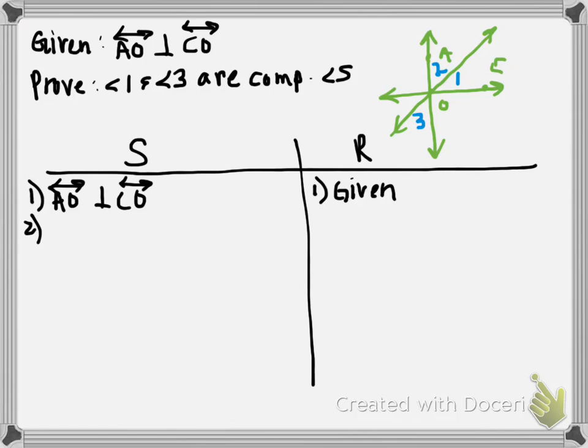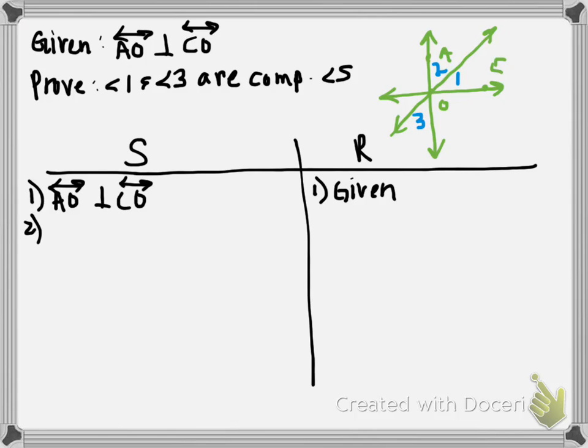The only thing I know about perpendicular lines, a couple of different things, is that if 2 lines are perpendicular, then they form congruent adjacent angles. Looking at my diagram, that's really not going to help me, because congruent adjacent angles would be angle 1 and 2 together, and then the angle that is adjacent to that.